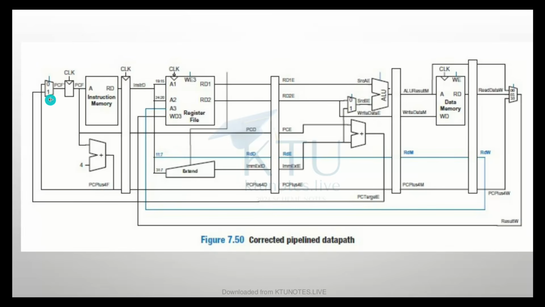PCF is in the fetch stage. PCNext, the PC value next, should also go here. And also PCTarget, which is an executing stage value, also goes here. So PCFNext and PCPlus4F are also there. Now the instruction coming from here is InstrD, that is in the decoding stage, that you have to understand.